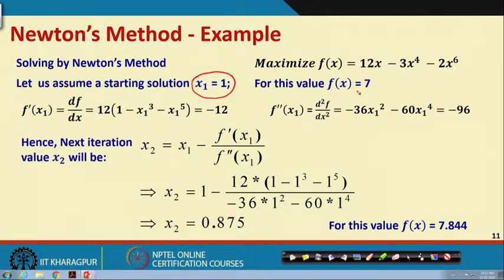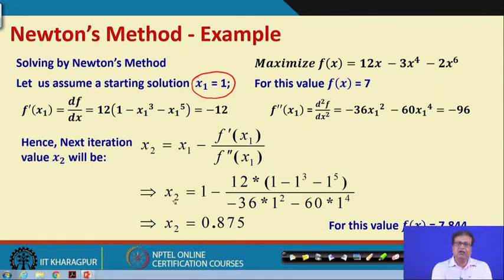Now, we find the first derivative and the second derivative, and then we can iterate to find the next value x 2, which is x 1 minus f dash x by f double dash x. That is equal to 1 minus 12 by minus 96.